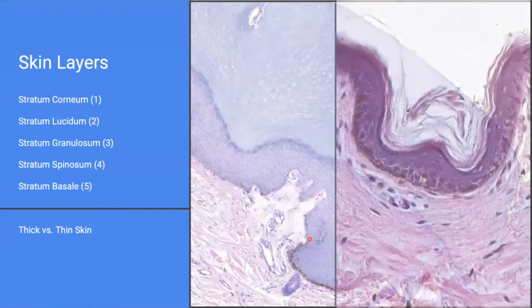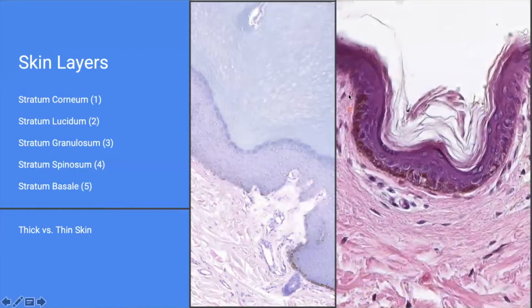And then I wanted to contrast thick skin, like we saw before, with very well-defined layers of our epidermis, and then contrast that to our thin skin section here, where we see a very well-defined keratinizing layer, but we don't see much of the stratum granulosum or the stratum lucidum at all.